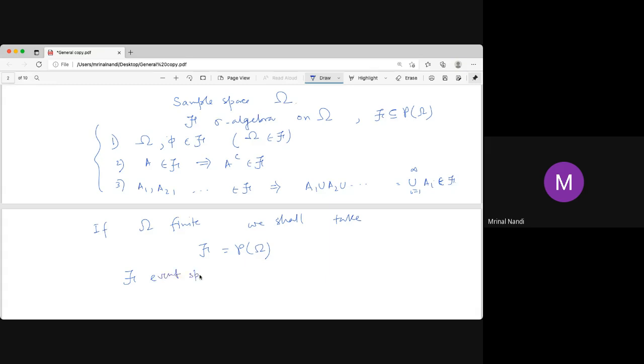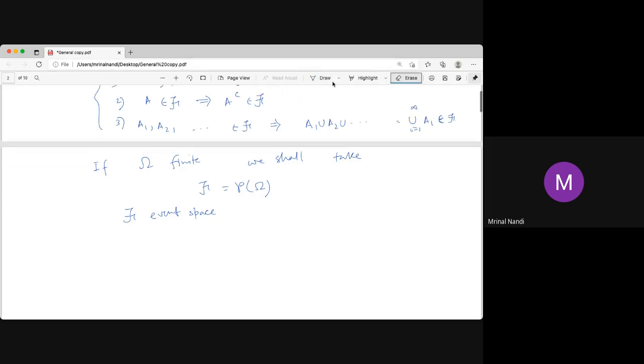We saw it in the first class, event space, and any element A belonging to this is called an event. So any event is just an element of the event space.